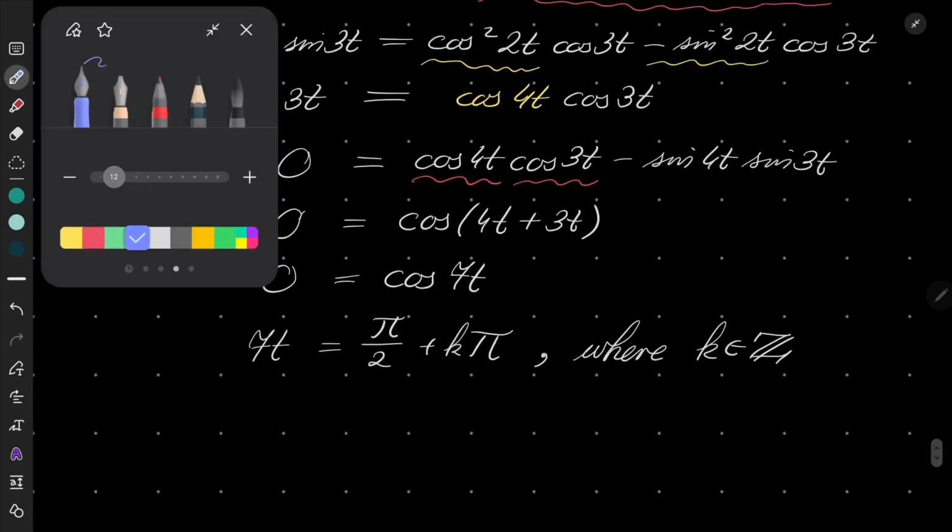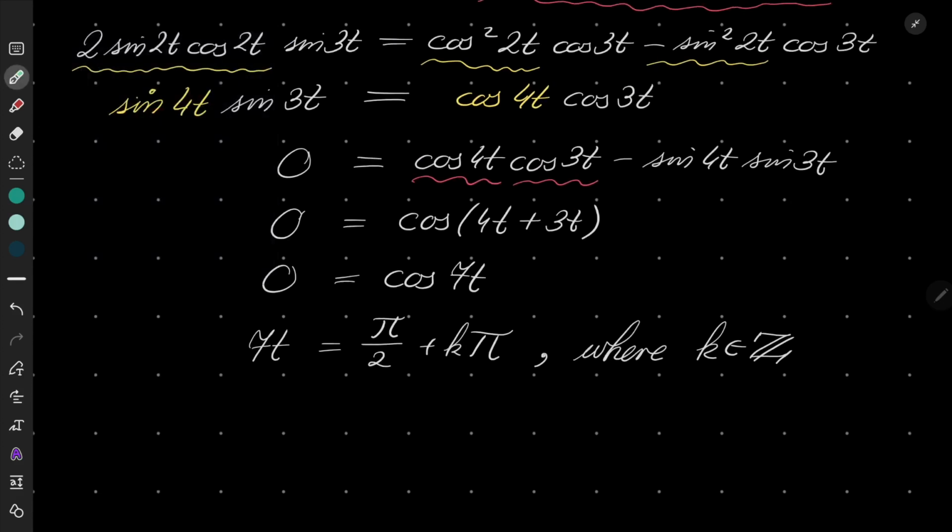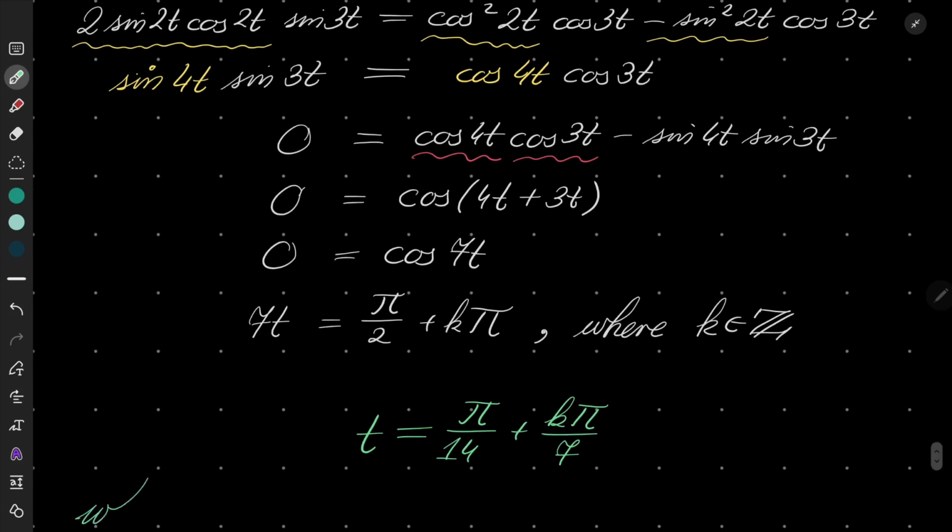So finally, we have our family of answers. t must be equal to pi over 14 plus k times pi over 7, where k is an arbitrary integer. Okay, so thank you for watching and see you next time.